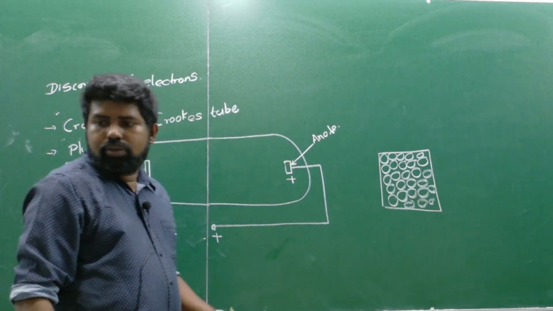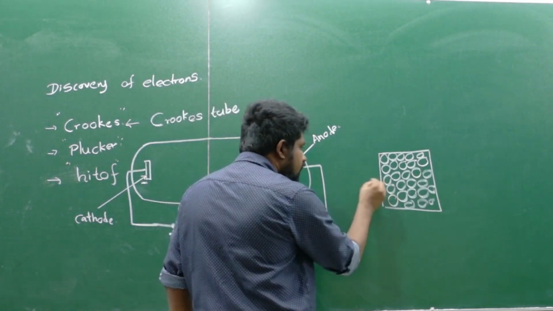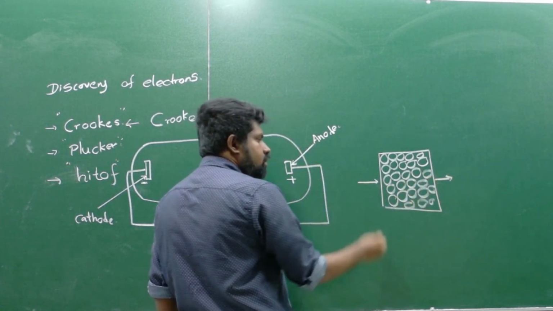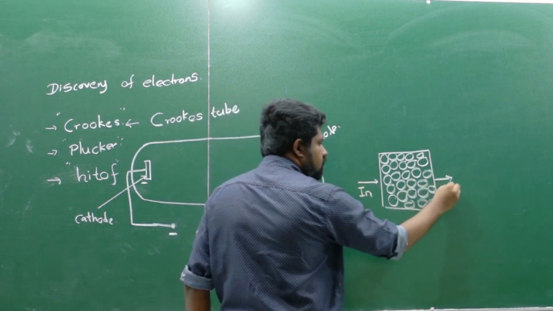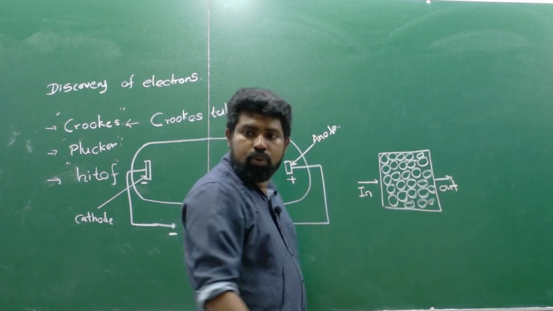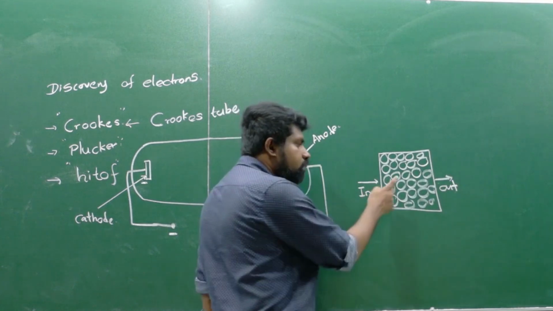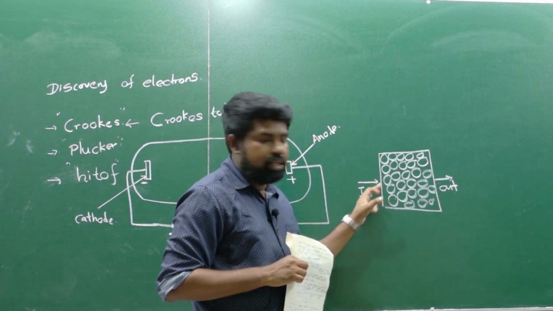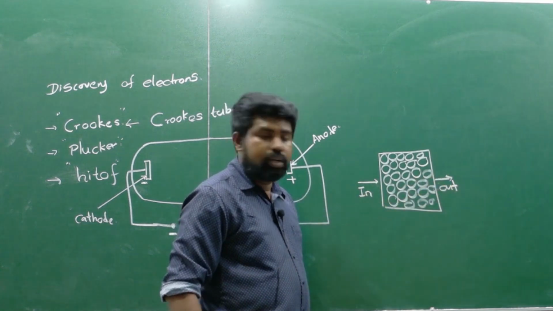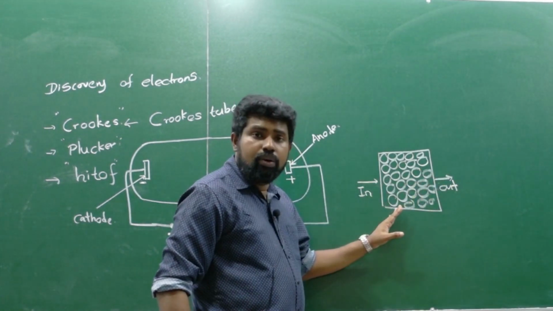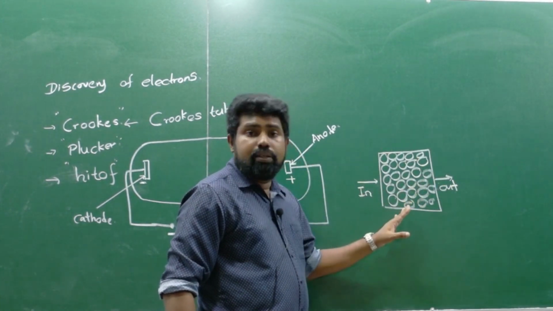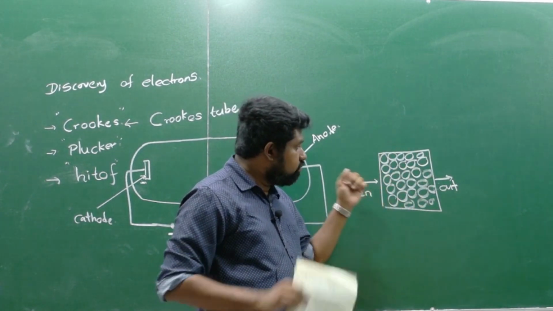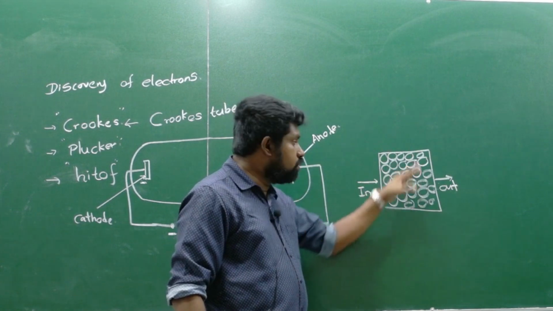If we want to pass electricity from this end to this end, this is the in and this is the out. Let's say there's a room with two doors. One door is to enter the room and the other to exit. Now this room is fully occupied by a lot of people, men and women, highly crowded, with no space between them.